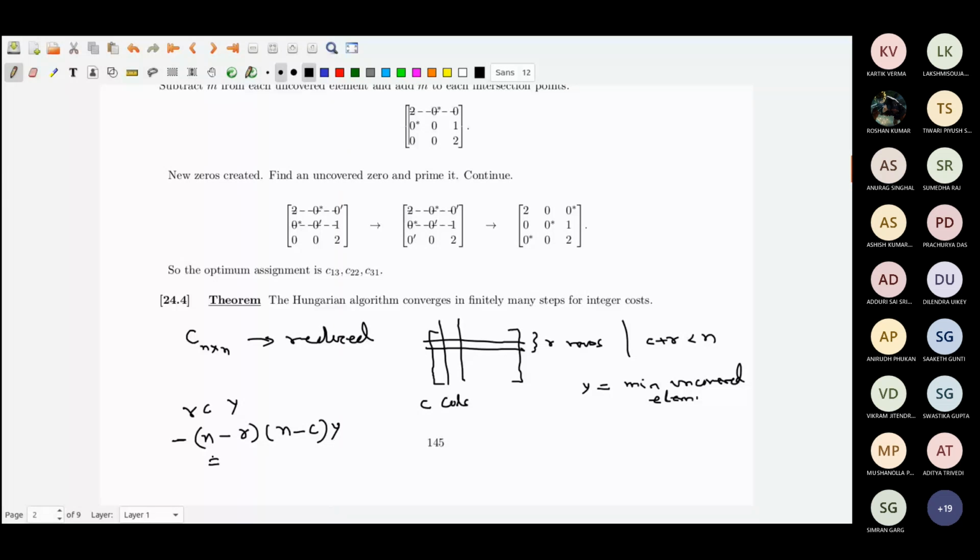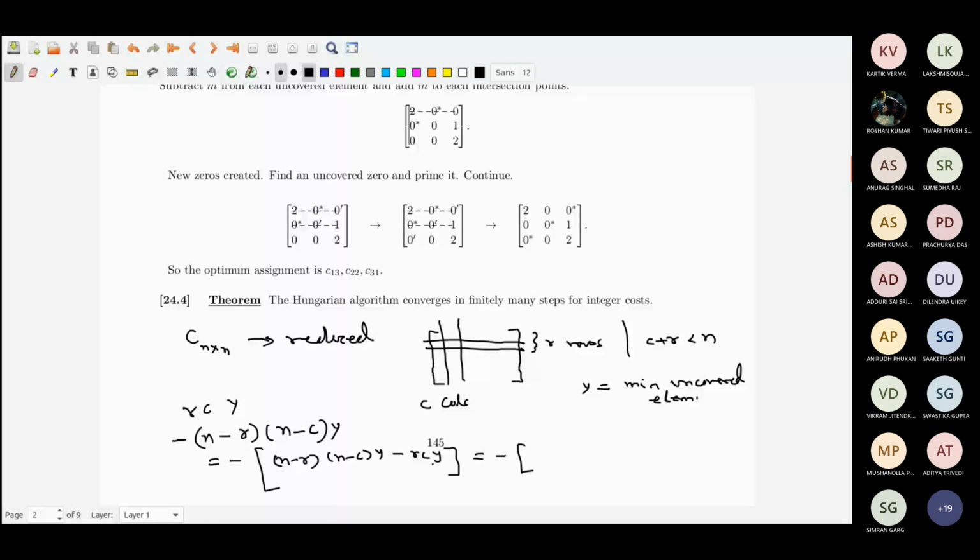So this is n minus r into n minus c times y, minus rcy, and that is equal to negative of, so the rcy terms get cancelled.